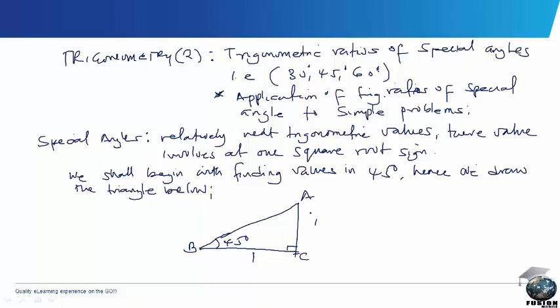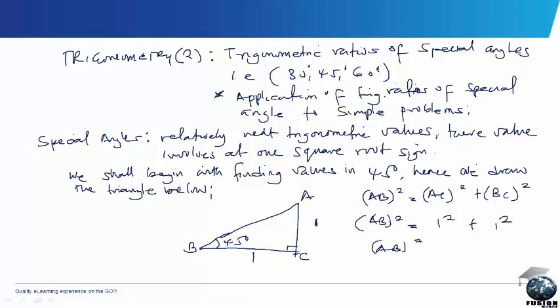So how do we find the hypotenuse? From Pythagoras theorem, AB squared is equal to AC squared plus BC squared. AC is 1 squared, BC is 1 squared, so AB squared is equal to 1 plus 1, which is 2.